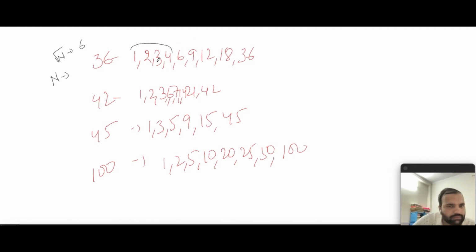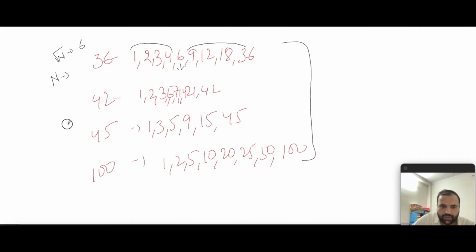Why don't we just keep dividing by all the numbers? Because there's a basic characteristic that the number of factors that each number has before its square root and after would be equal. Over here, the square root of 36 is 6. We have 4 factors before, 4 factors after that.